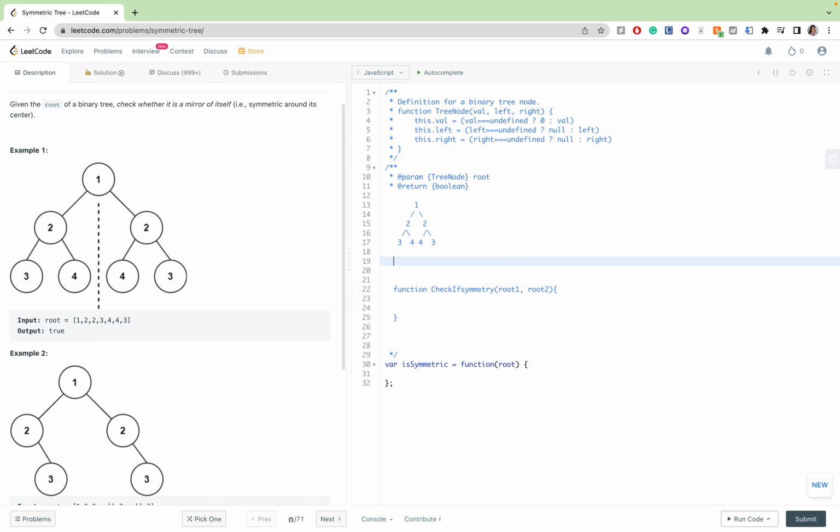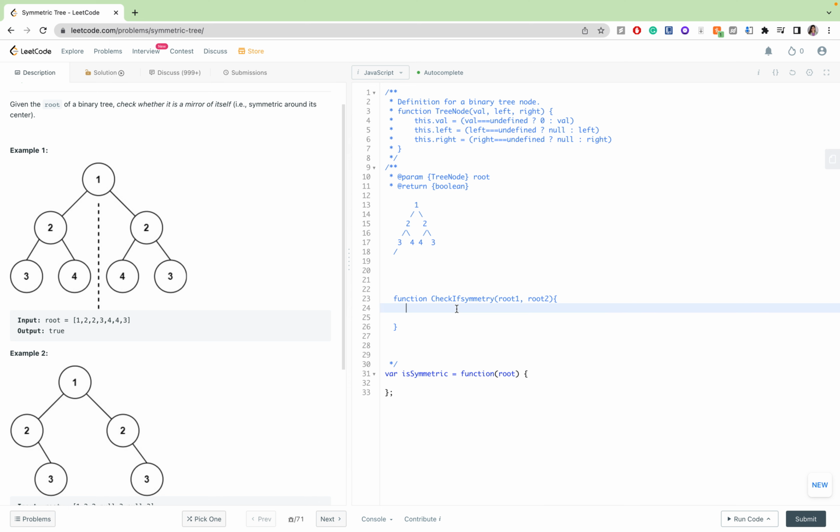So this will return me if this is true or not, only if its left and right values are true. Yes, so this will return true if 2's left is 3 and 2's right is 4, so the values 3 and 4. 2's left is 4 and 2's right is 3. So I should also look in depth, isn't it?